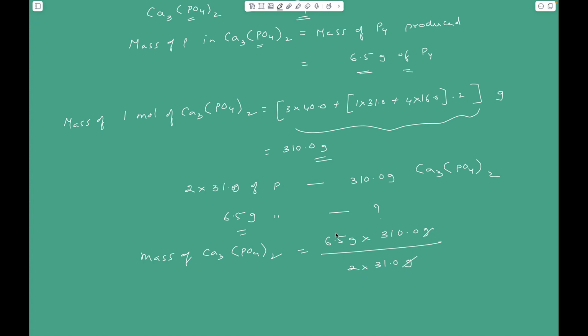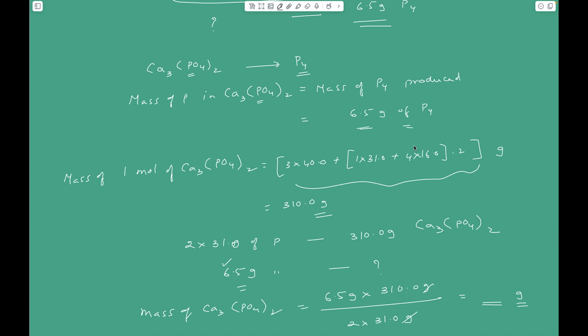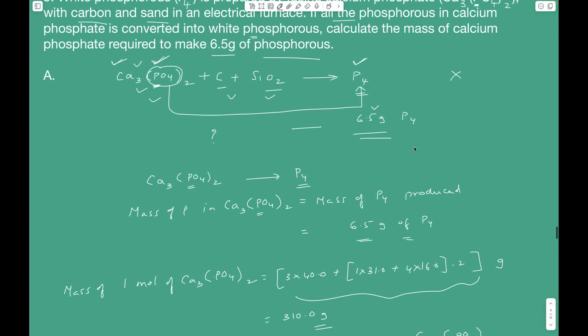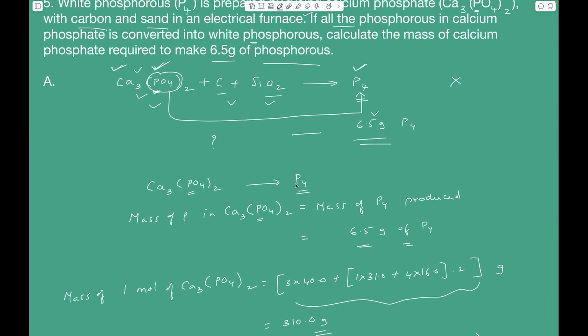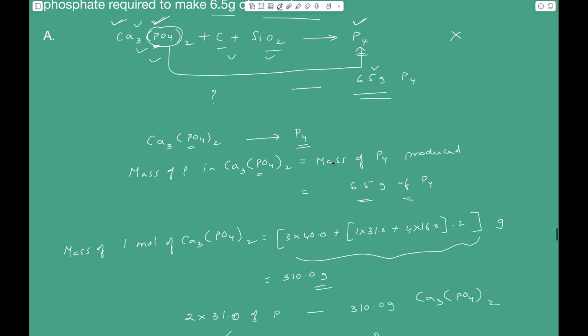Cancel these two units and simplify this to get the mass of calcium phosphate in grams. So you have to take so many grams of calcium phosphate to make 6.5 grams of white phosphorus. So again, we answered this question without a balanced chemical equation, just by applying the law of conservation of mass to the part of the reaction that we are interested in.